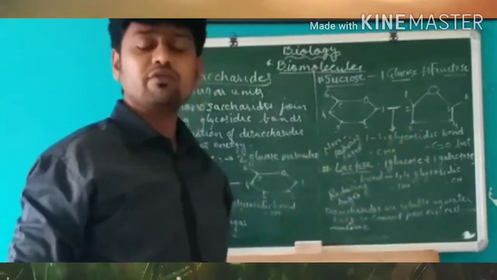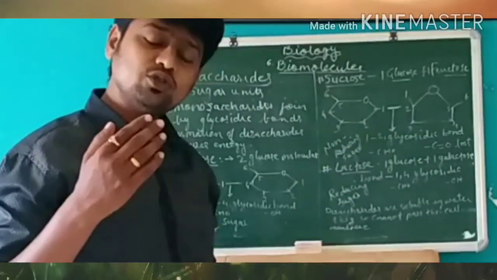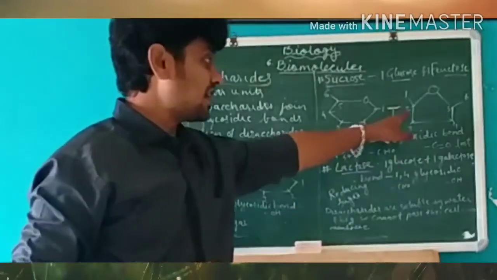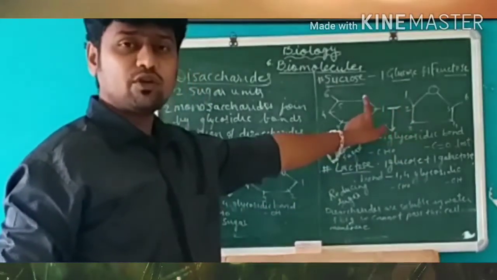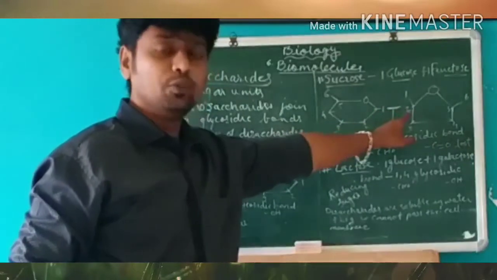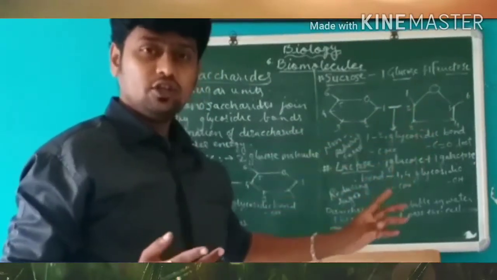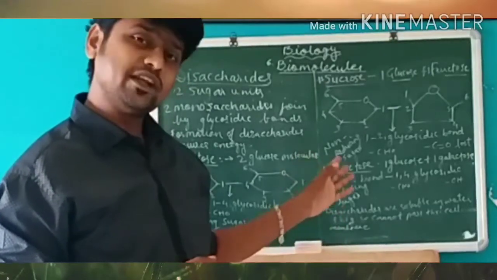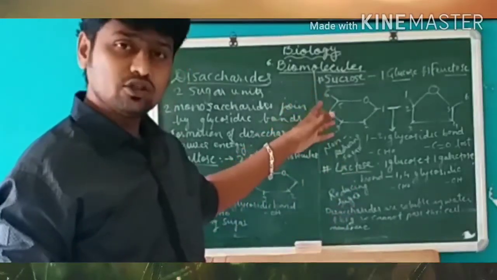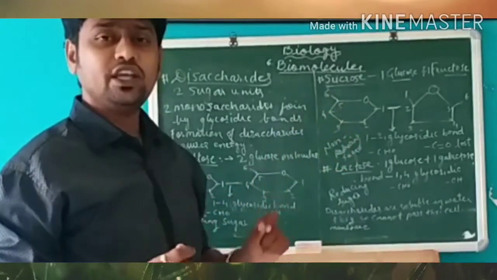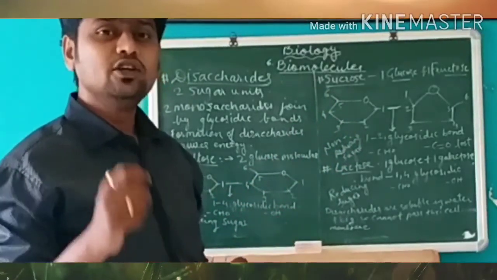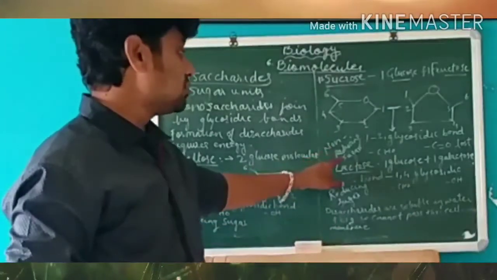In fructose, the functional group is attached to the sub-terminal carbon, that is the second carbon, so the ketone group in fructose will also be lost. Both functional groups are lost while forming the glycosidic bond in sucrose. There are no free functional groups in sucrose, and that is why sucrose is a non-reducing sugar.